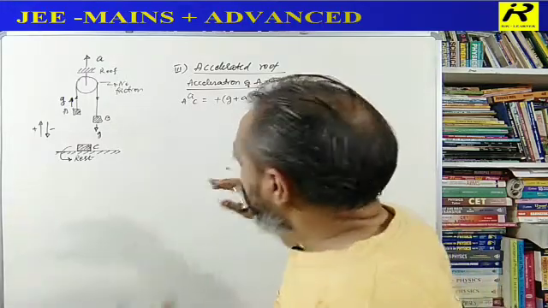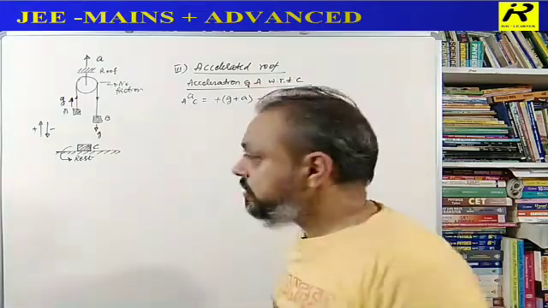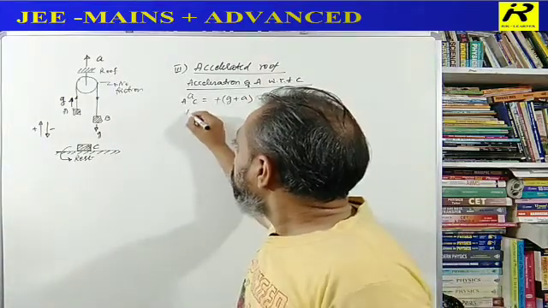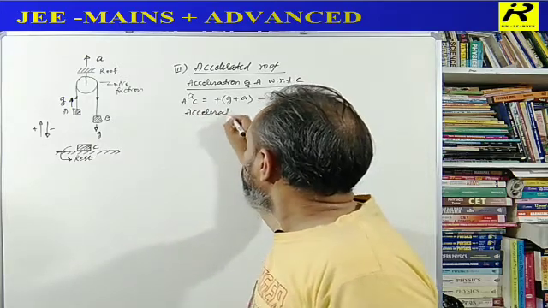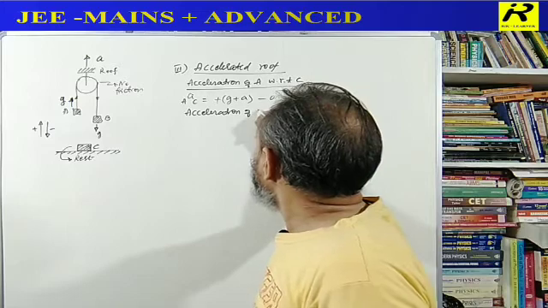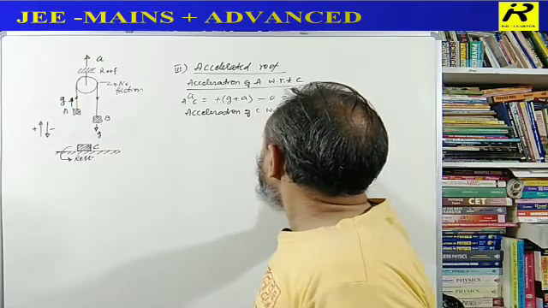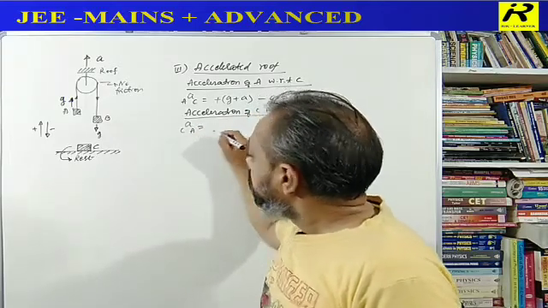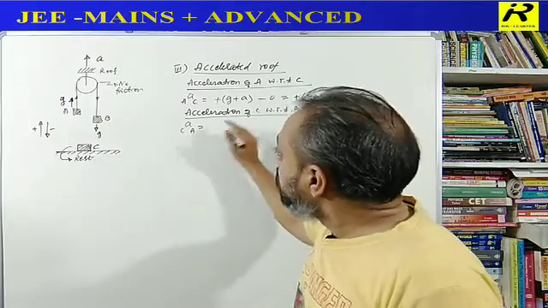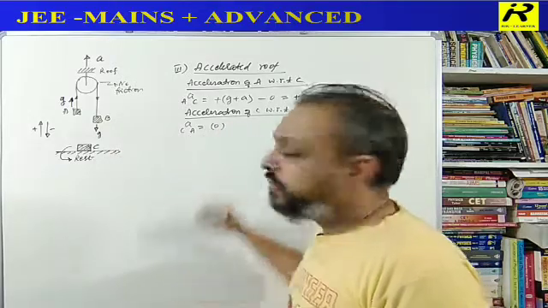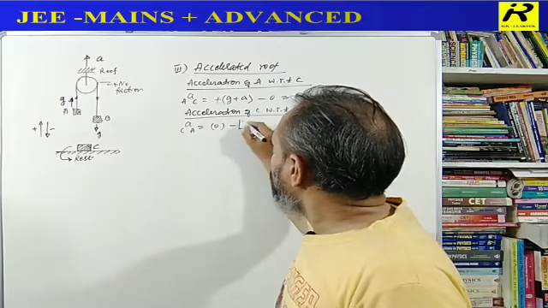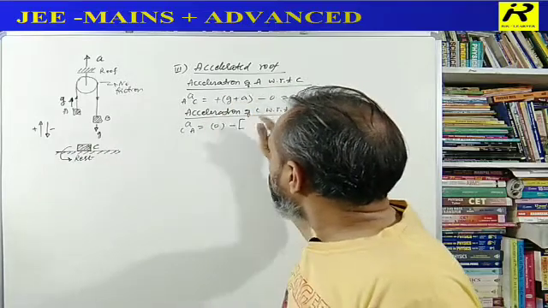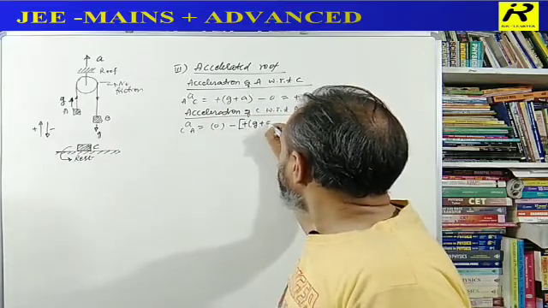There are several cases you may come across. This is one of the examples I am happy to give you. The next is the acceleration of C with respect to A. C is not accelerated, so it is 0, minus the acceleration of A with respect to ground, which we already wrote here as plus g plus a.